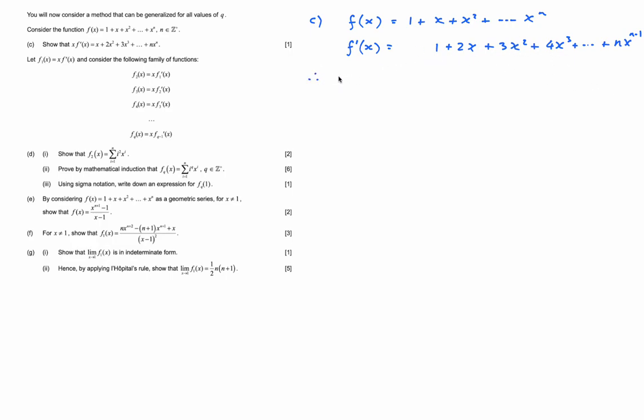Therefore, x f dash of x equals this times x, which is x, this times x, which is 2x squared, 3x cubed, 4x to the 4, etc. And then n x to the n minus 1 times x is just n x to the n, because n minus 1 plus 1 will give me the n. Okay, that's part C.